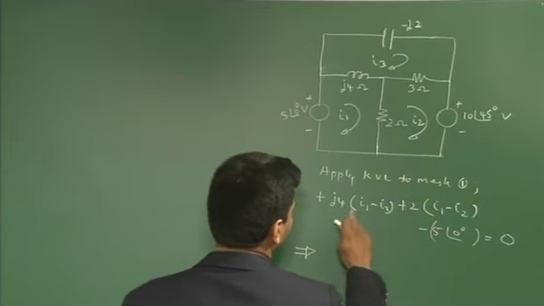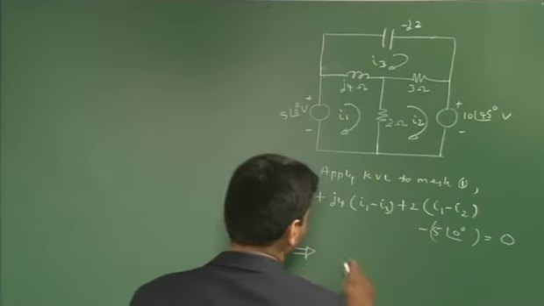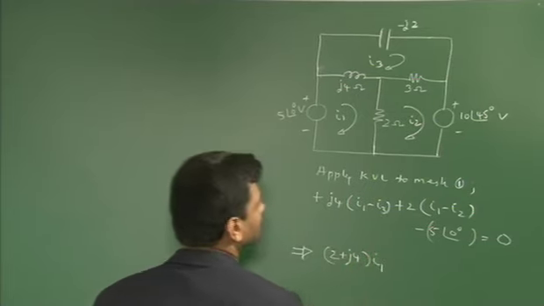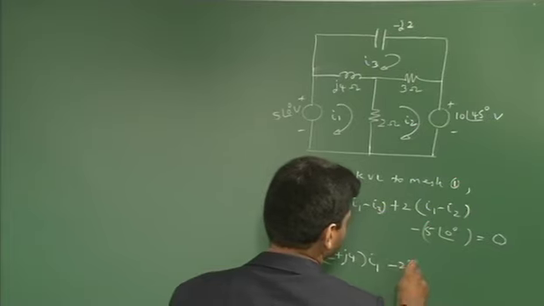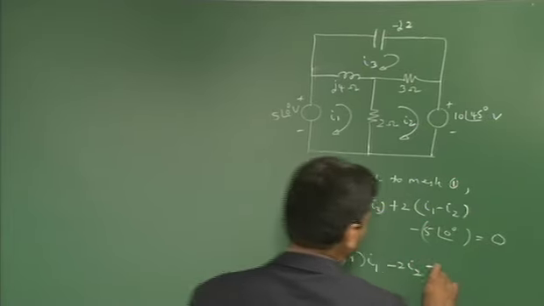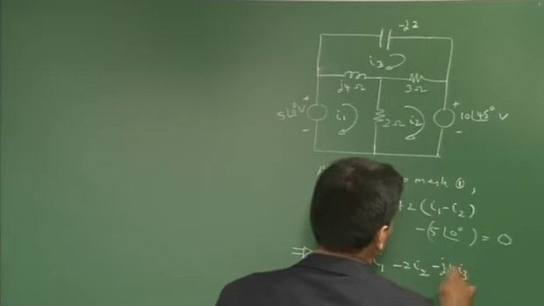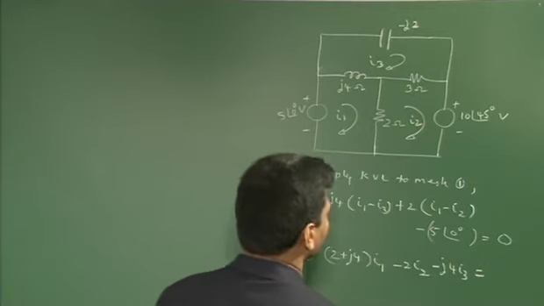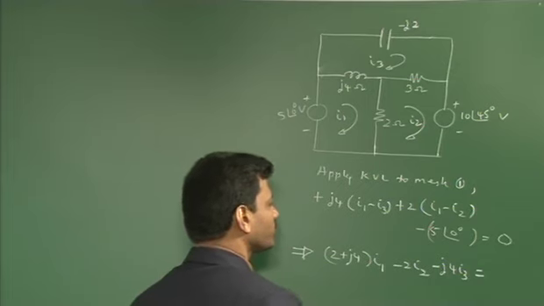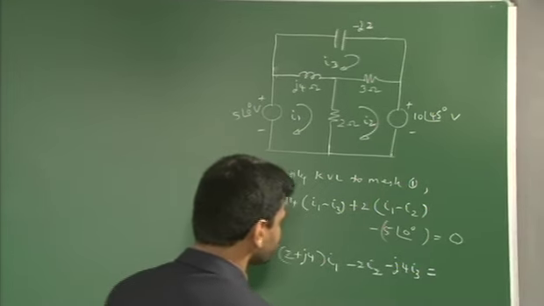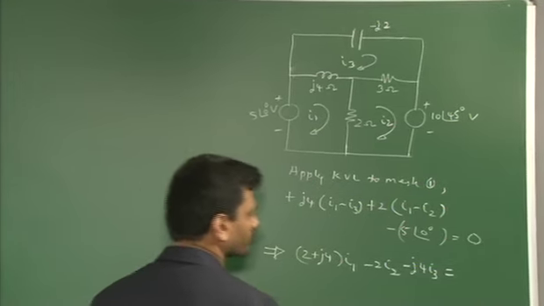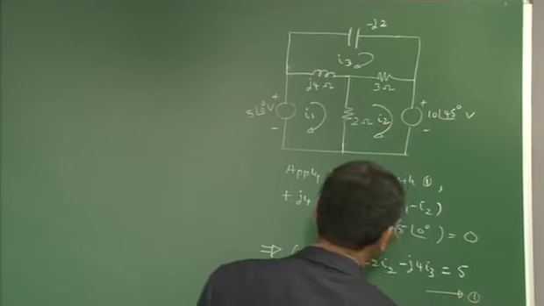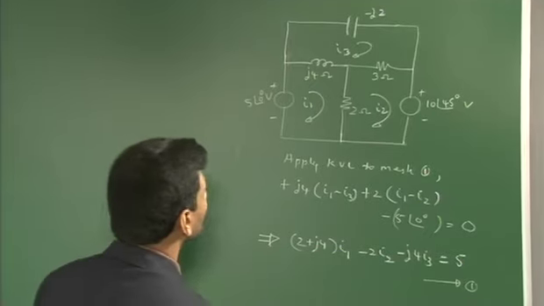I1 terms: J4 I1, 2 I1, so (2 plus J4) I1, then minus 2 I2, then minus J4 I3, and this comes to the right hand side, 5 at an angle of 0 degrees. 5 at an angle of 0 degrees can be regarded as 5 cos 0 plus J5 sin 0. Sin 0 is 0, and 5 cos 0 is 5. Call this equation 1.